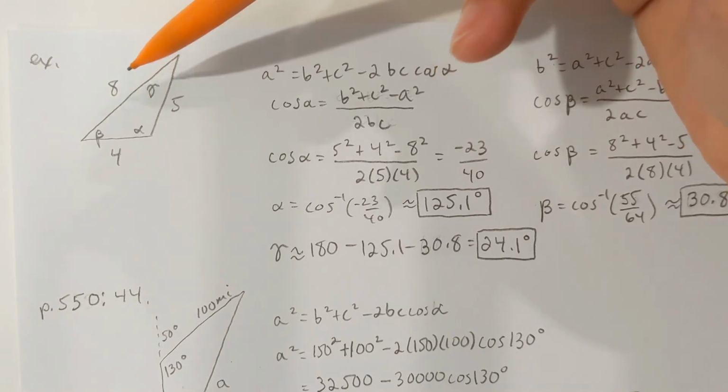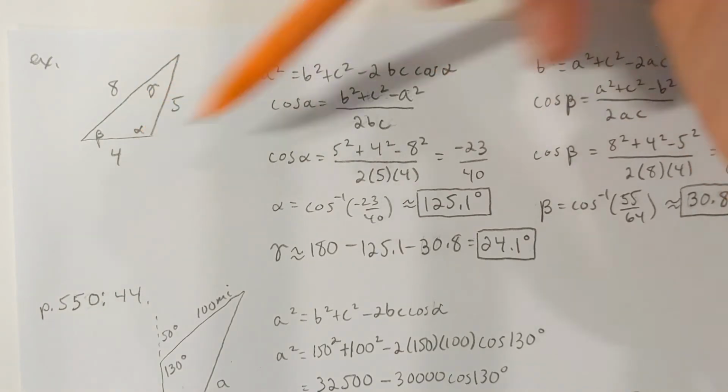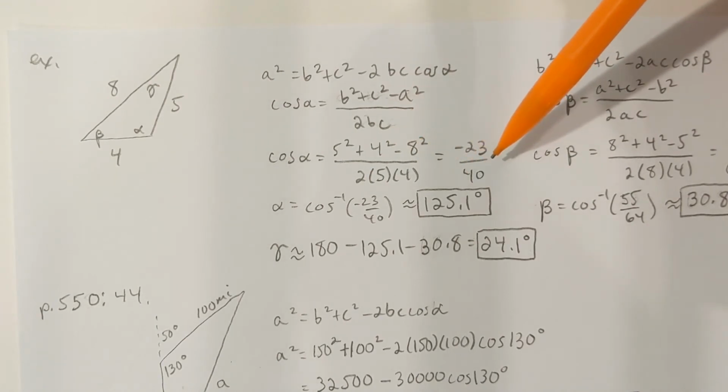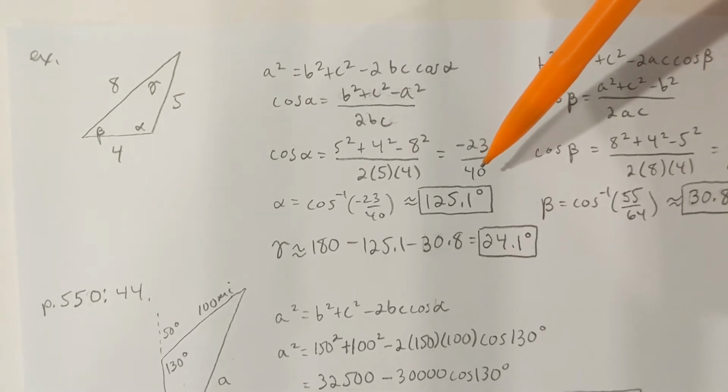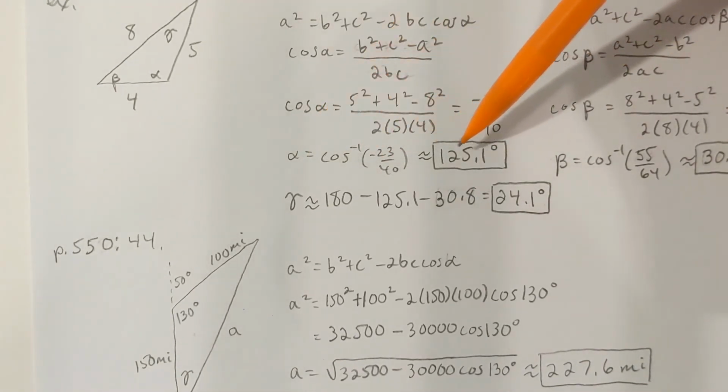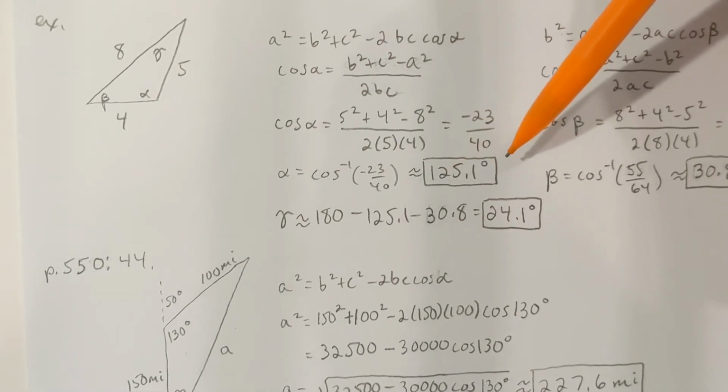A is 8, B is 5, and C is 4. So I plugged in those numbers there on the right and simplified. And then you can take cosine inverse of both sides to get alpha to be roughly 125.1 degrees.